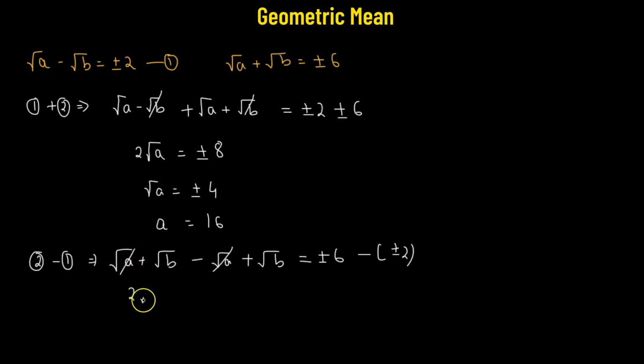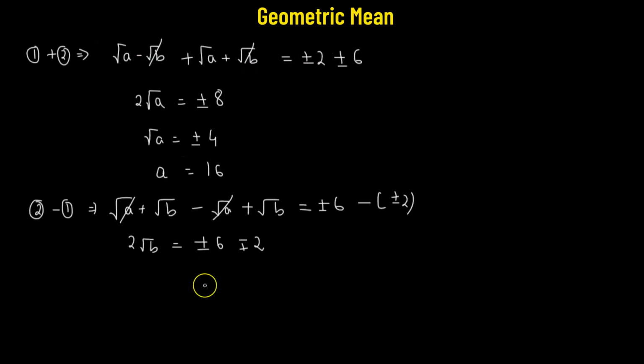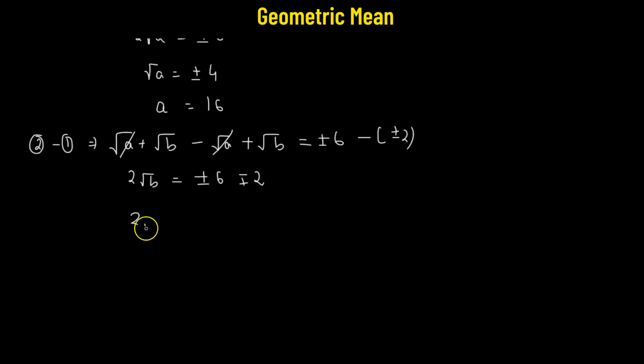This gives us 2 times the square root of b = plus or minus 4. So the square root of b is simply plus or minus 2. Squaring both sides, we get the value 4. So that means the two numbers are 16 and 4.